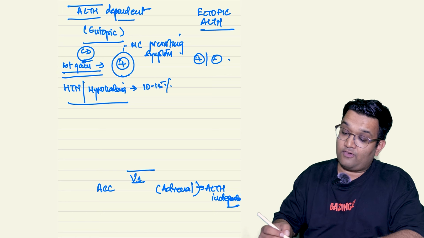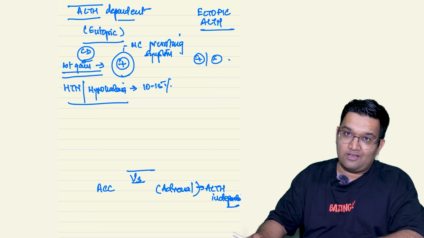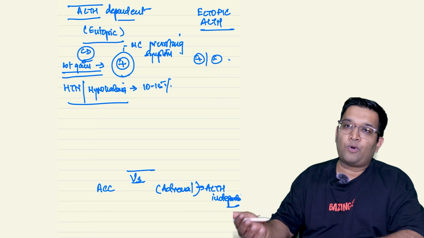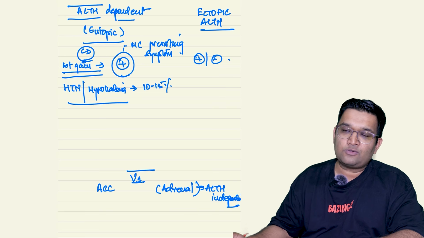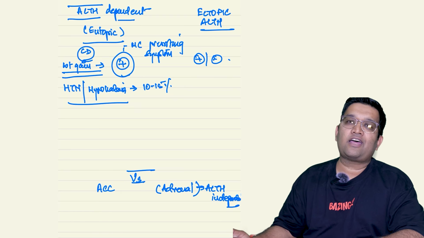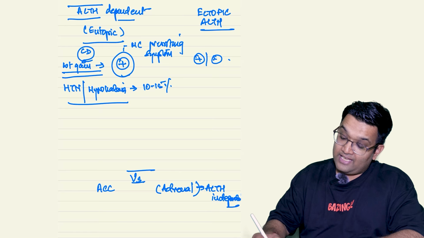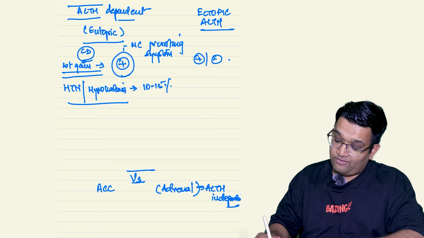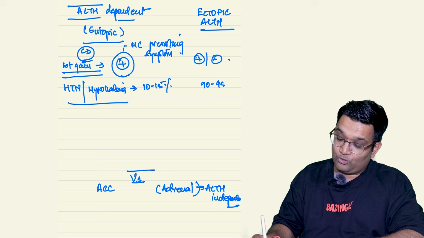While in case of an ectopic ACTH production, where the main causes are actually going to be your small cell lung carcinomas, non-small cell carcinomas, or FEOs or medullary thyroid carcinomas, they will have an inadvertently high rate of hypertension and hypokalemia.